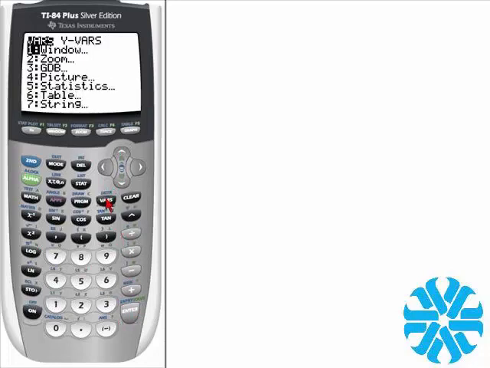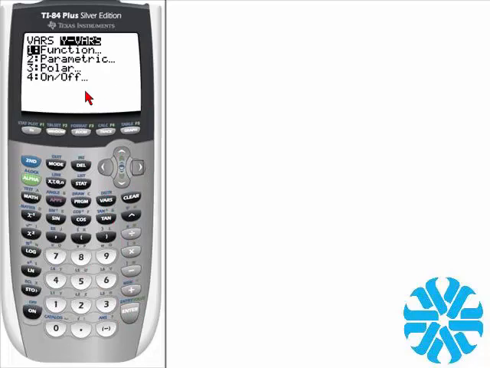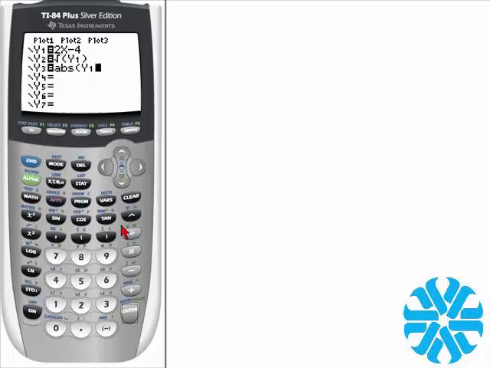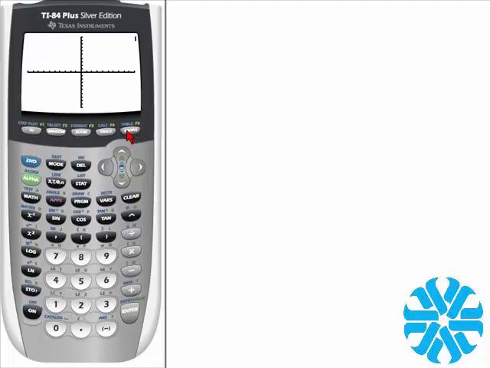So we would go to vars, move over to y vars, and we want function, select enter, then we want y1, select enter, close the parenthesis, and let's subtract 5. We graph that. So here's the graph of the absolute value of y1 subtract 5.